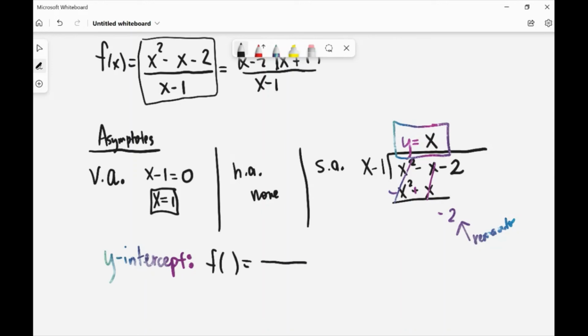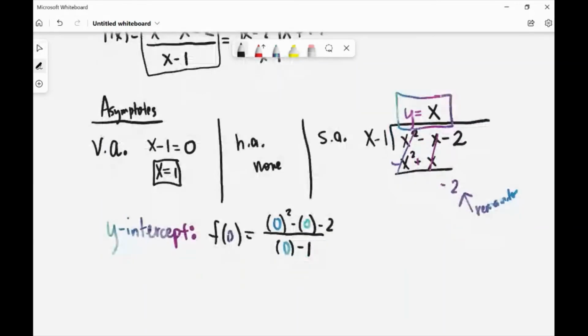All right, so f of what again? What are we plugging in for x? 0. So tell me, what is the y-intercept? I want you to simplify it.